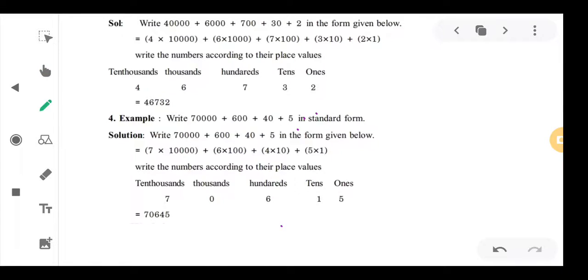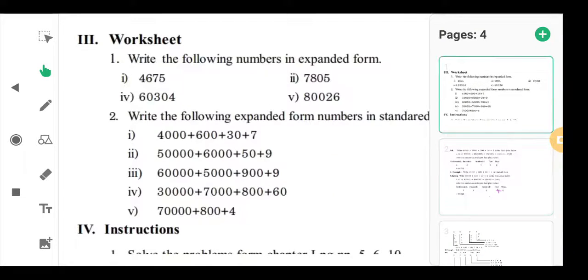Here 600, so in hundreds place 6, but there is no number in thousands place, that's why we will write 0 in thousands place, and at 10,000s place there is 7, so we will write 7. So the standard form number we want is 70,645. Like this we will do the worksheet also.